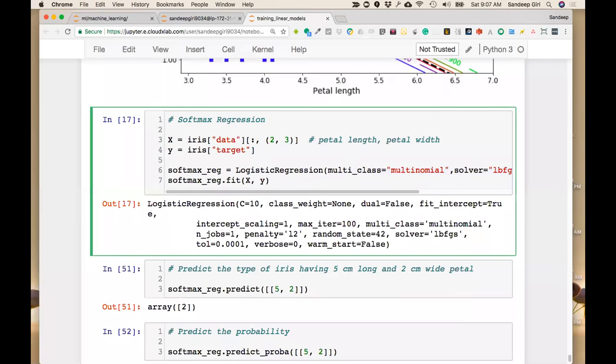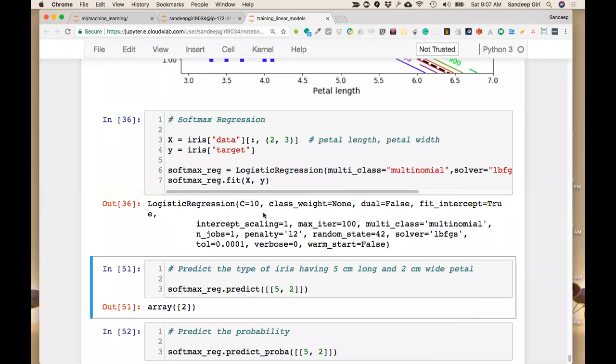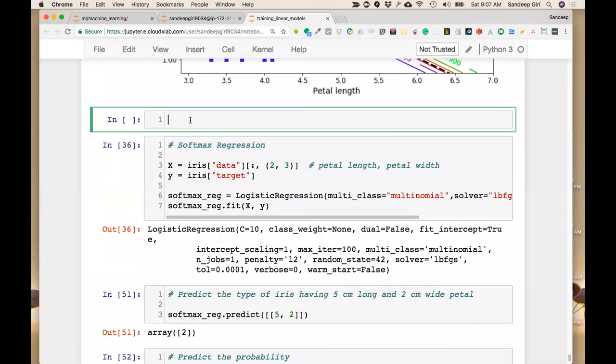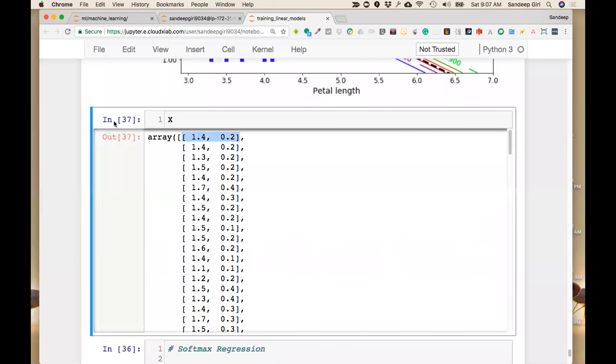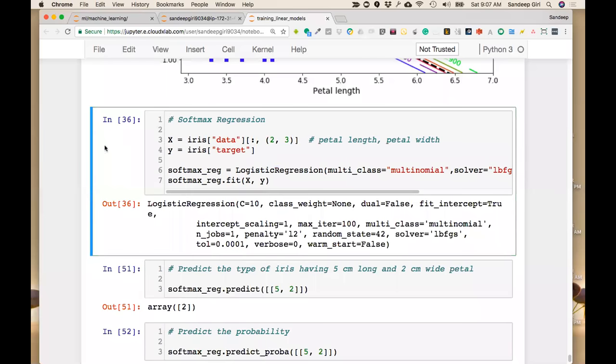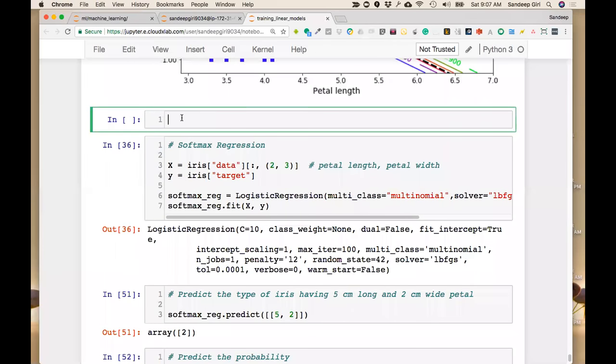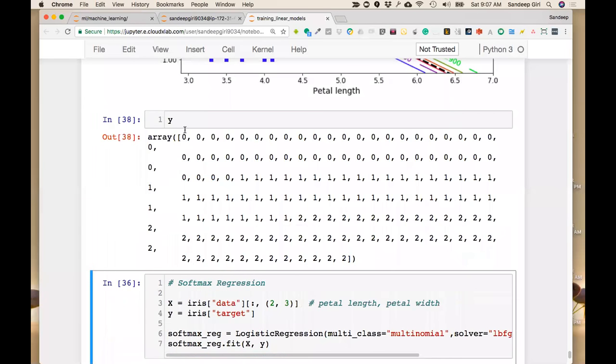Right, let me just run it. So here, let's take a look at X first. X is only the features, these two features, and let's also take a look at Y. What does Y look like?